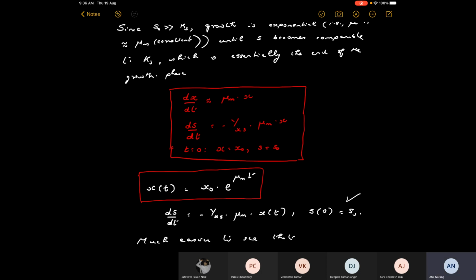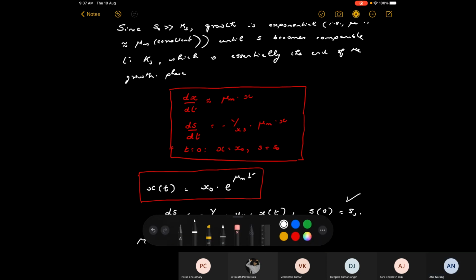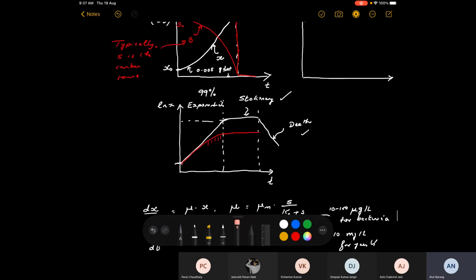I think I went through it a little bit fast, so it might be helpful to go through the stuff that I did last time and then point out the repercussions of this model. What can you do with it? How do people use it in experimental work?